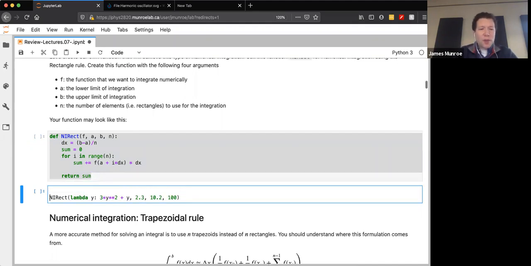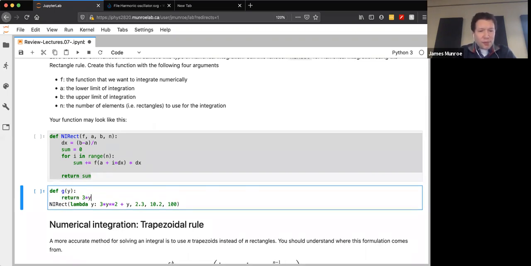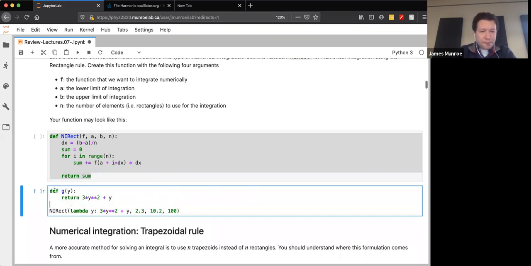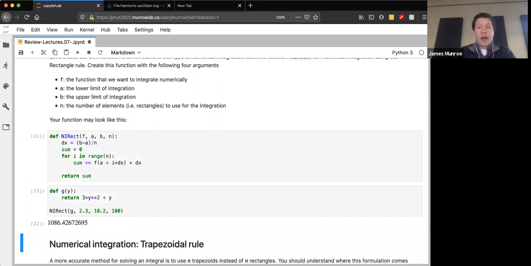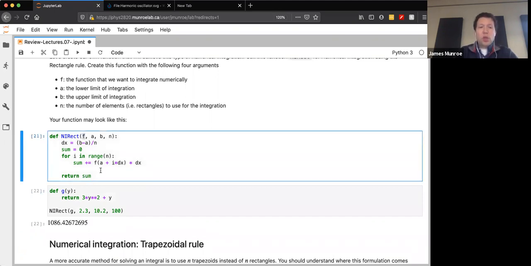In fact, lambda functions might make life more confusing. So let's do it this way. I'll just say g of y returns 3 times y squared plus y. There, we'll do that as the cleanest way of explaining that. There's an example of how to numerically integrate a function, evaluating the function at different points.